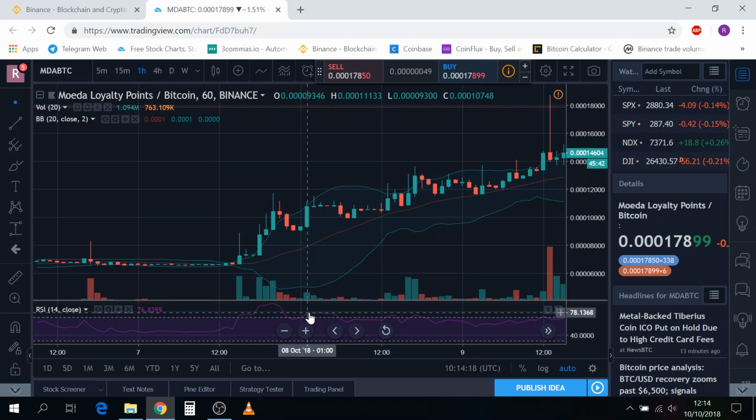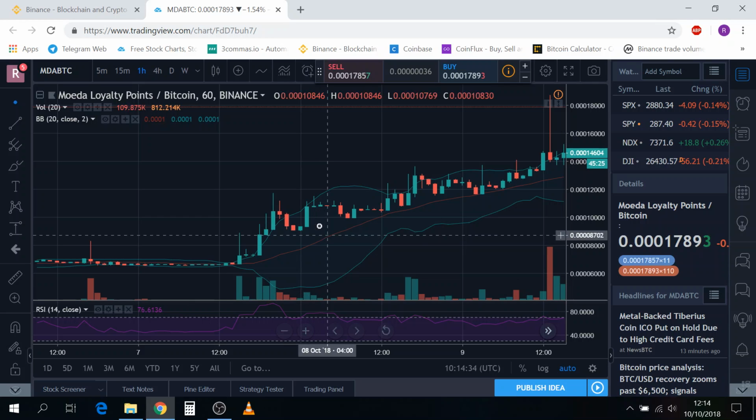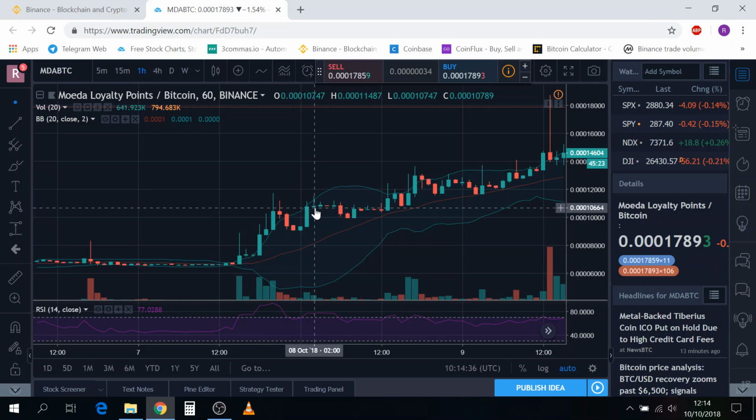It's going out of this line again. It starts to go straight. So the pump is not there for it to go up anymore. Volume on this candle is pretty high, then volume reduces. The candle didn't open here and it didn't have the power to break the Bollinger Band.